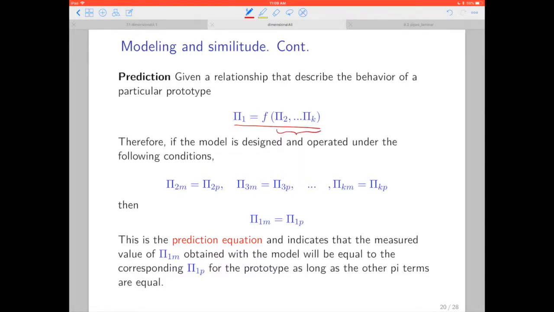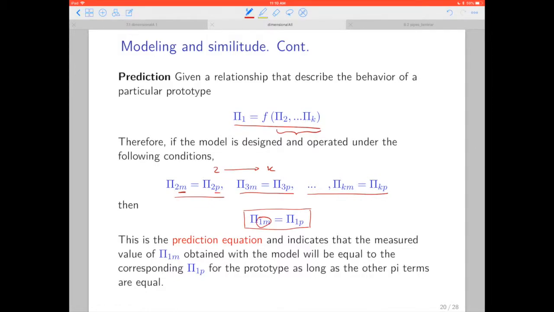If all these pi numbers are equal in the model and the prototype, so pi2 in the model equal to pi2 in the prototype, pi3 in the model equal to pi3 in the prototype, and so forth until the last one, then the first one should be equal. So we are comparing from 2 to k, and then the first one should be equal.